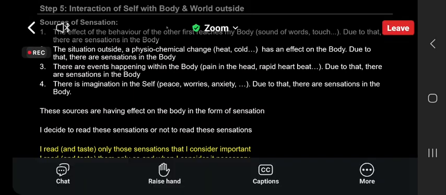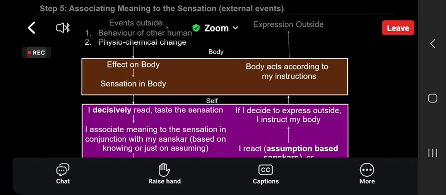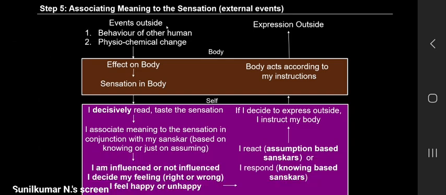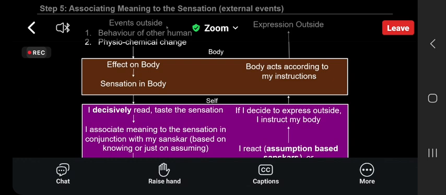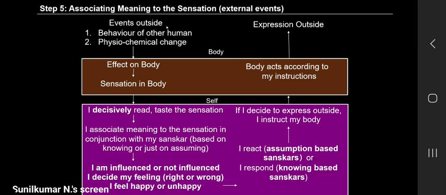So this reaction and response depends on my state of sanskars. Whenever I interact with body, whenever I interact with world outside, my sanskars get involved.